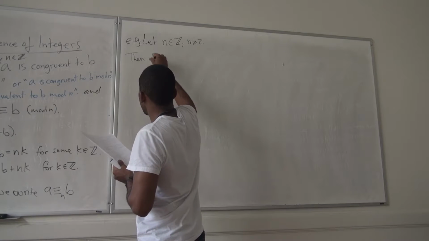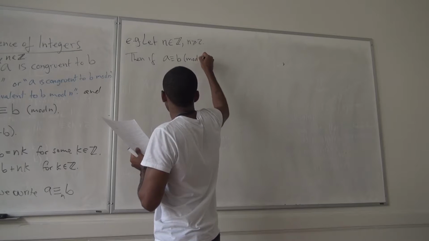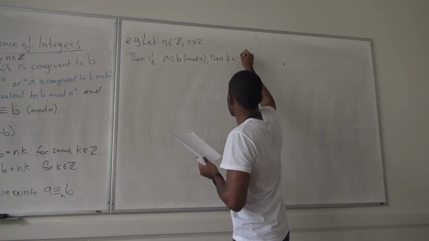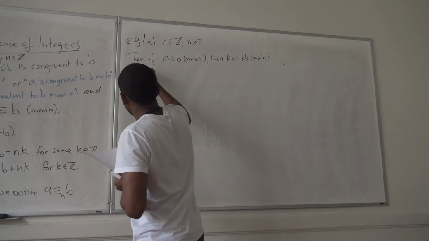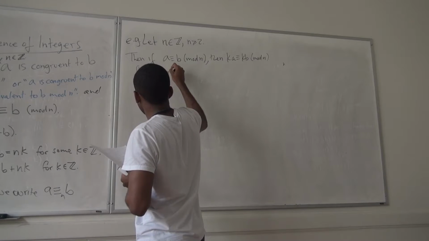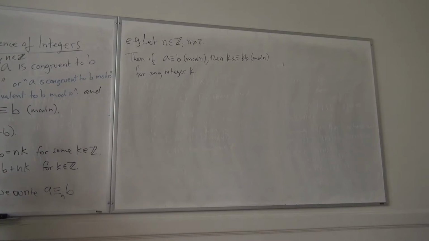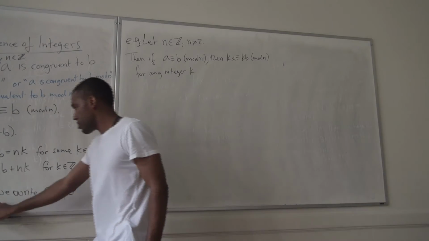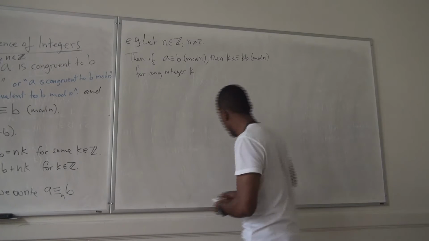Then, if A is equivalent to B mod n, then kA is equivalent to kB mod n for any integer k. Meaning, in many cases, we can treat this just like an equal sign. We can multiply both sides of the equation by any integer, and it will not change the equation.